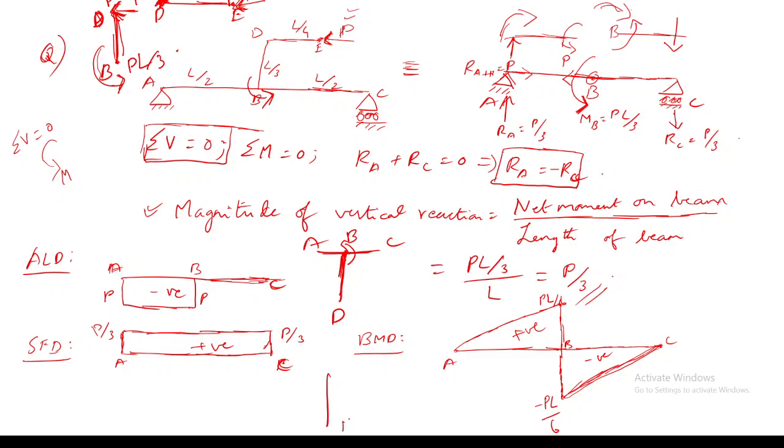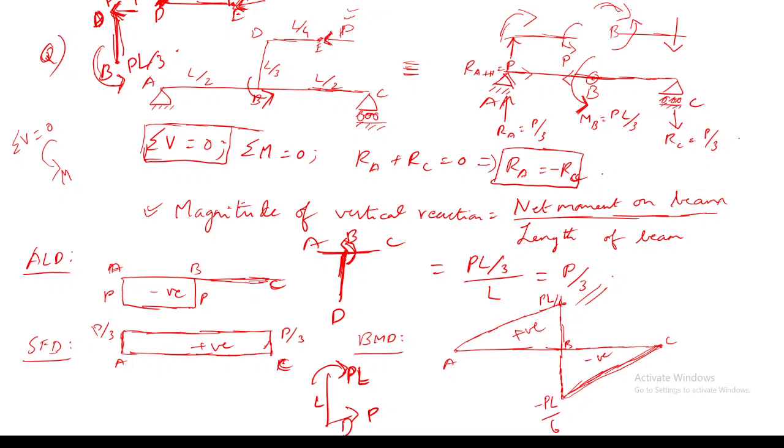For example, if I have a force P like this, and let this be L, I have introduced a moment like this, P into L. This same moment I am replacing here in the opposite direction.